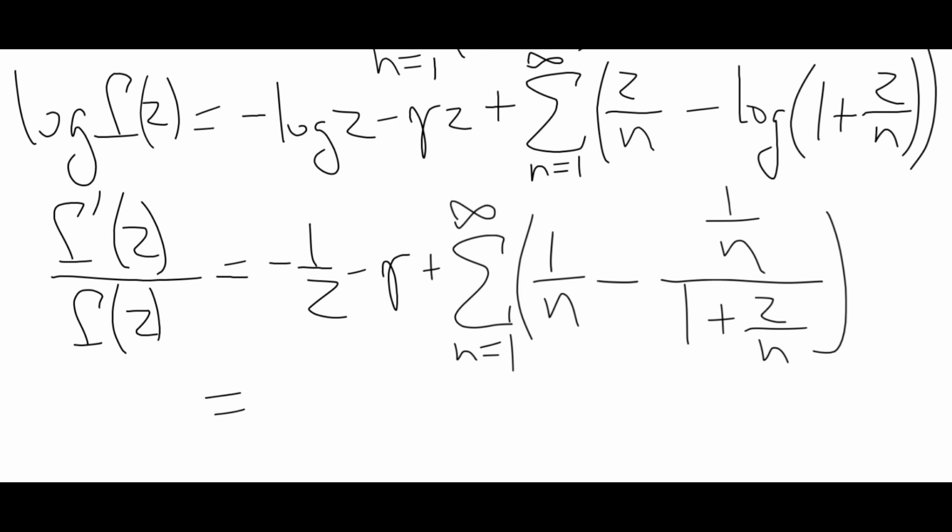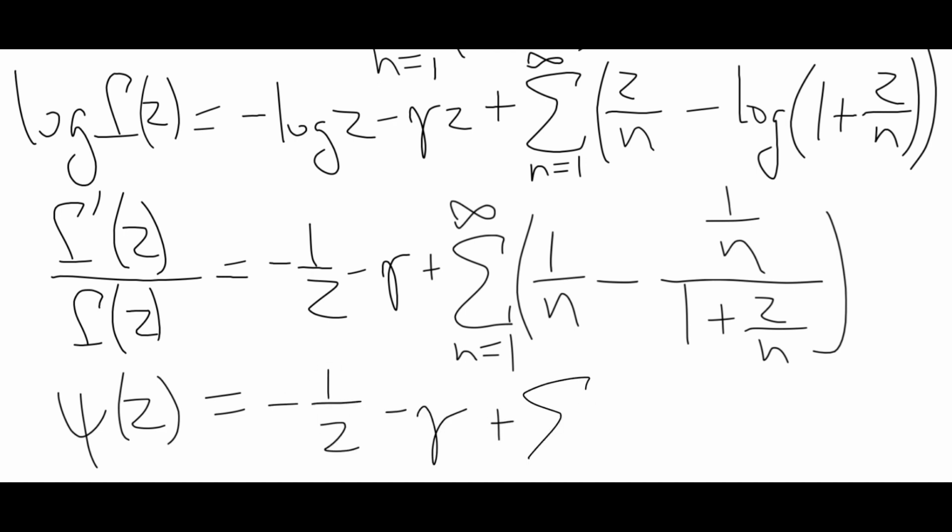Okay, so this is the digamma function of z. I get minus 1 over z minus gamma plus the sum of 1 over n minus 1 over n plus z.